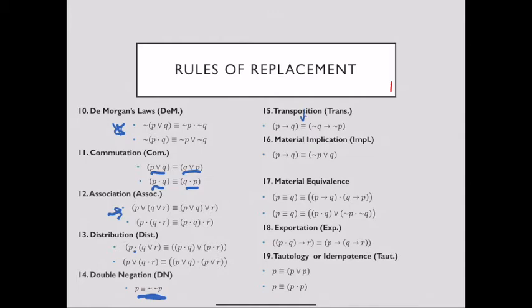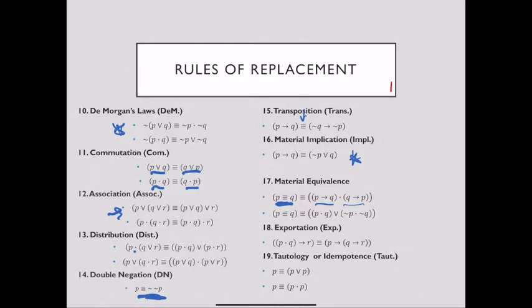Interesting. We also have material implication. So P implies Q is equivalent to not P or Q. We actually proved this in the first section, 2.1, that this was a valid argument. I snuck it in there. I'm so sneaky. Material equivalence says if I have P logically equivalent to Q, then P implies Q and Q implies P. Like, that makes sense.